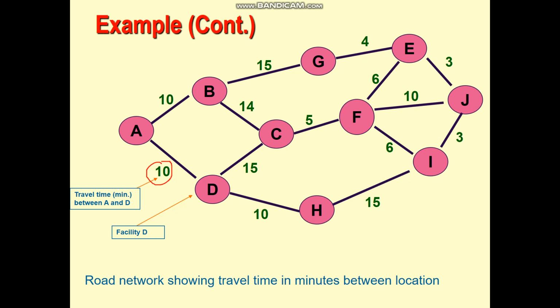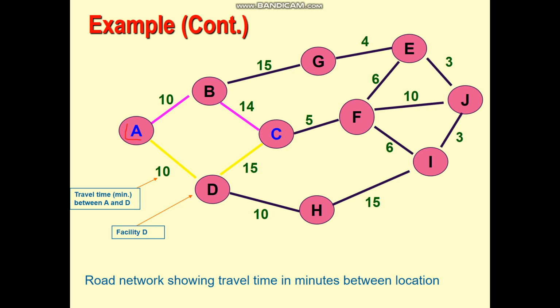It is the same as the single median problem, but here it is not distance. Here we measure by the delivery time, the travel time. But the same idea applies: we have to find the smallest time to travel from one facility to another facility.